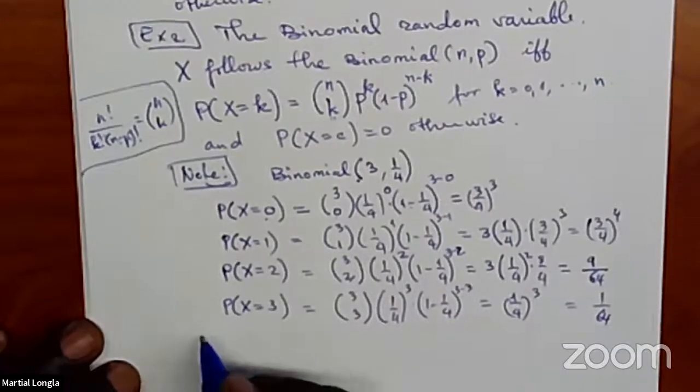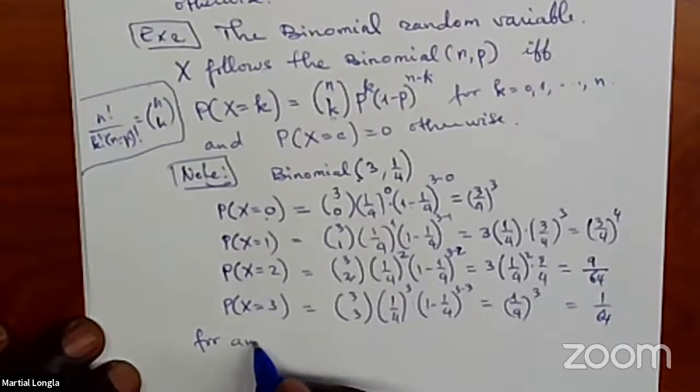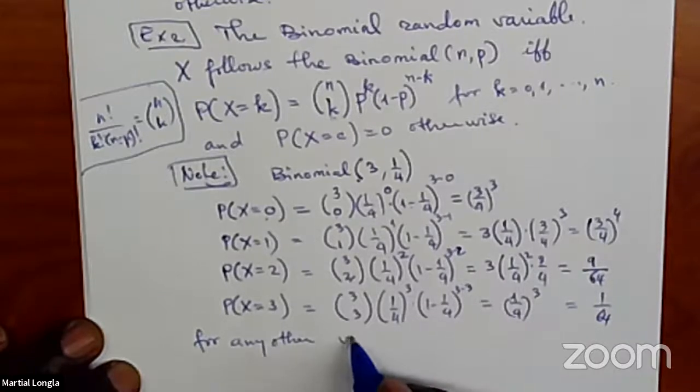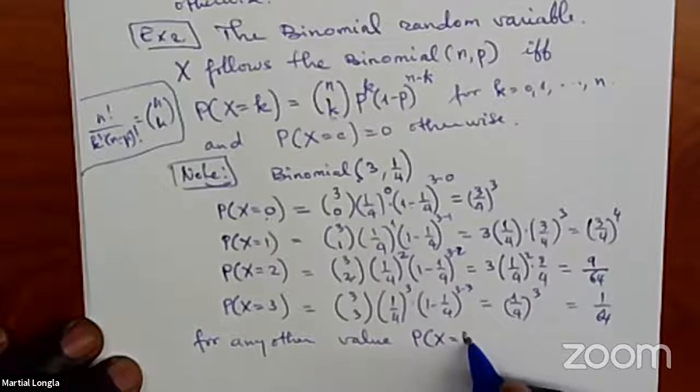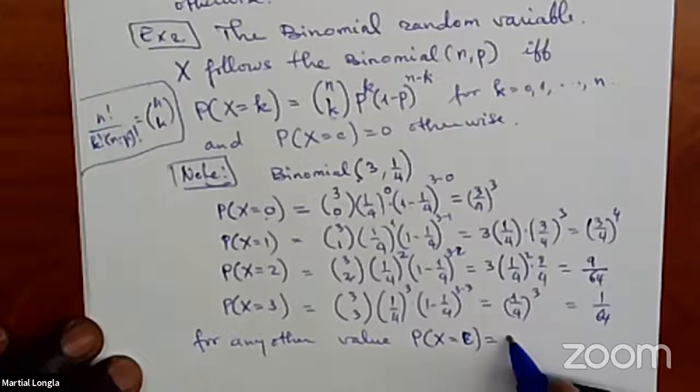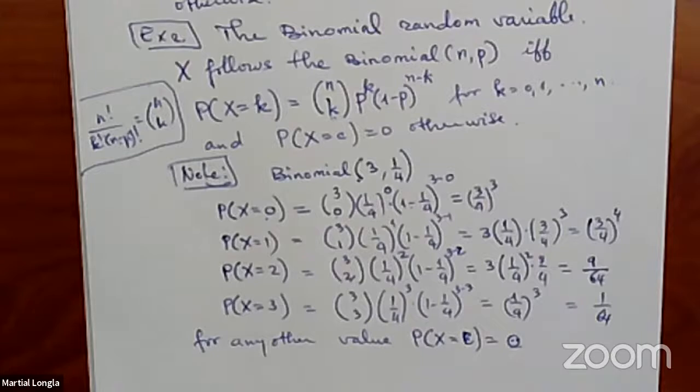And for any other value, the probability is 0. So if I take any number other than 0, 1, 2, 3, in this case, the probability to have that number is 0. Any questions?